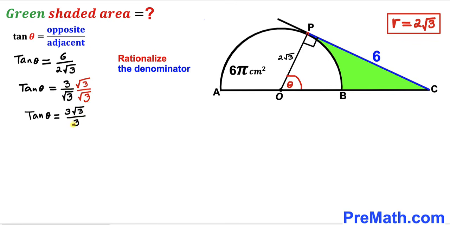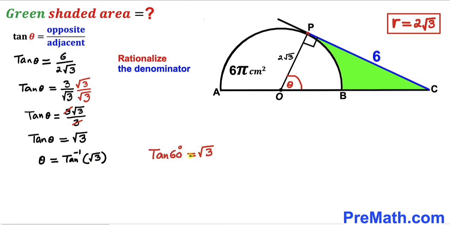Now we can see this 3 and 3 cancel each other out. So we end up with tangent of theta being simply square root of 3. So our angle theta could be written as tangent inverse of square root of 3.